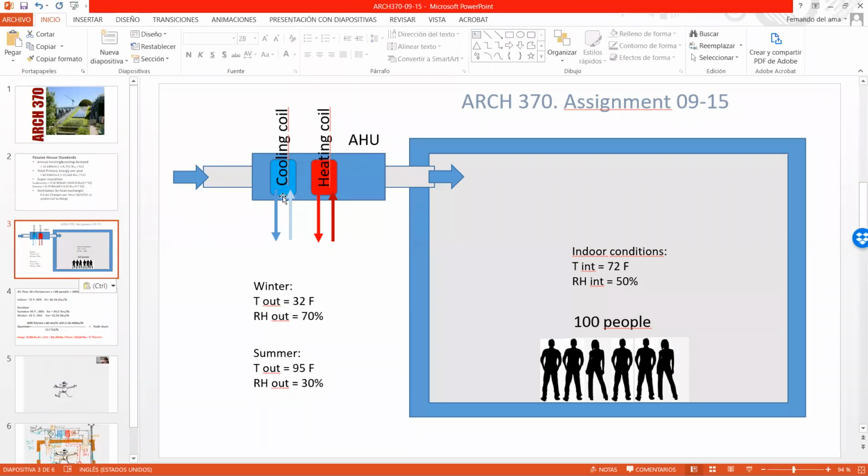The most simple air handling unit with a heating coil, a cooling coil, an air inlet and an air outlet, and that's it. Now we are going to circulate this indoor air.